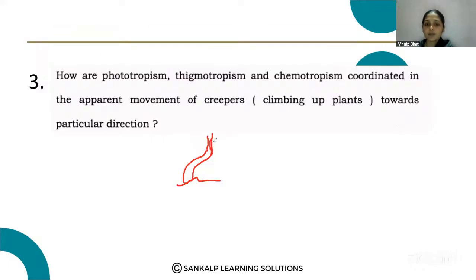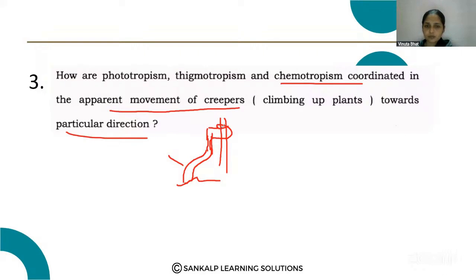The part of the plant which is attached to the support grows faster compared to the other parts. And chemotropism coordinates the apparent movement of the creepers towards a particular direction. So chemotropism is also present in the plant. All these tropisms help the plant to grow in a particular direction.